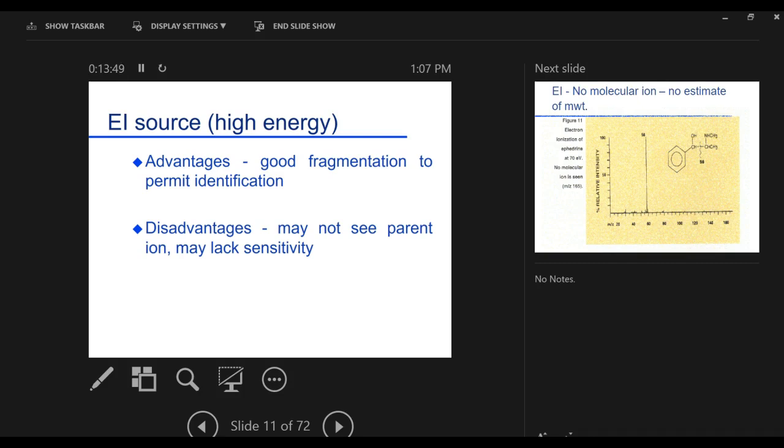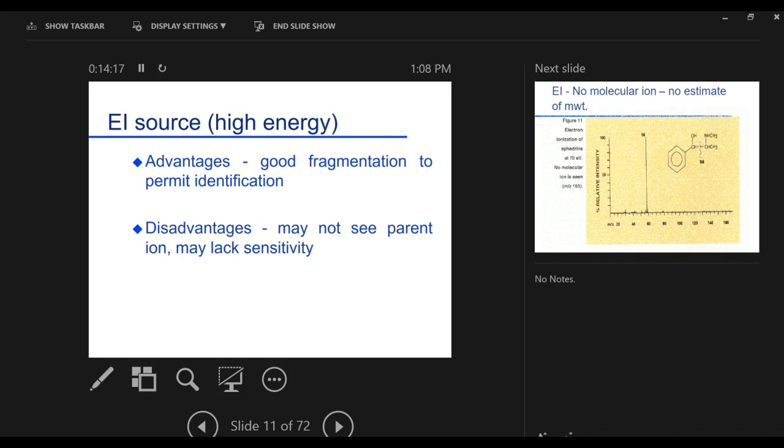One disadvantage is you may not see that parent peak. The molecule might have just blown into bits and pieces with no intact molecule left. That does make it a little hard to identify. Like I say, if you know molecular weight, it's easier to do identification. So if you don't see a parent ion, you'd like to. And it's not quite as sensitive in that way.